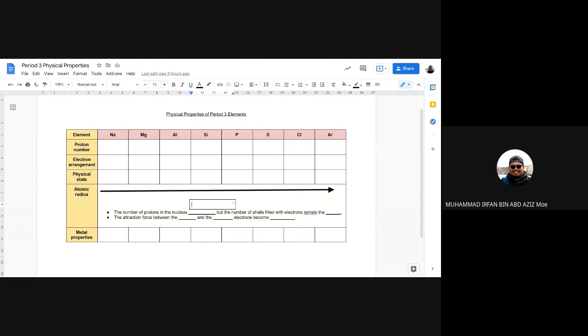For example, it is like a tug of war. If you pull the rope with more people, the movement of the rope is smaller. For example, if we have 5 people on the left and 5 people on the right, the rope will move a lot. The range of motion of the rope is larger.